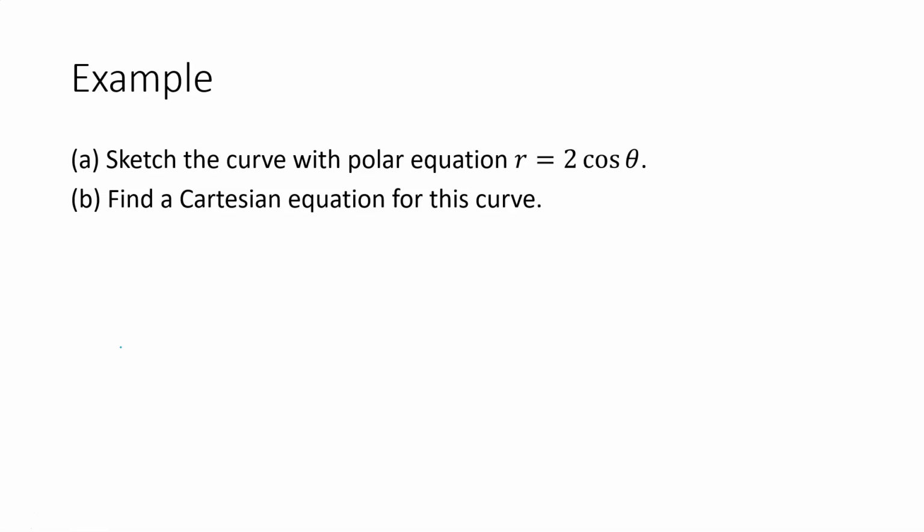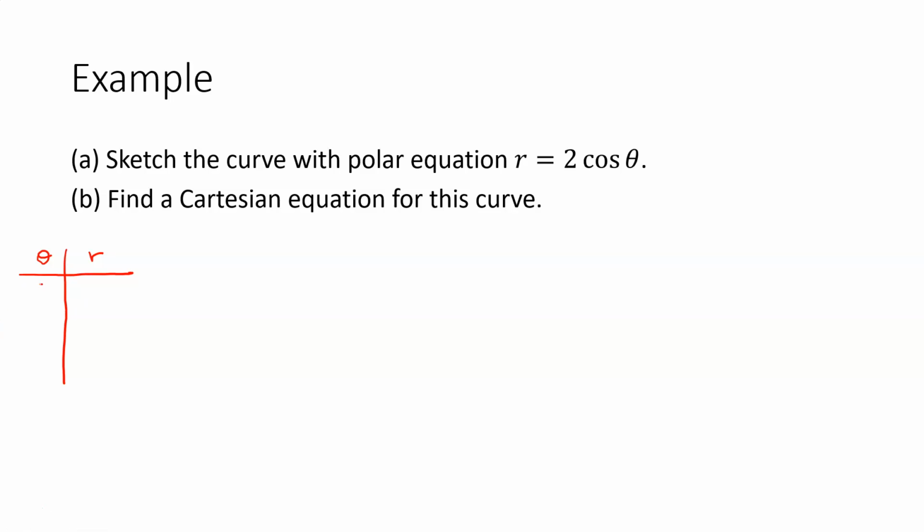Notice that we could think of this like theta is the independent variable and r is the dependent variable. So one way to construct the curve here is to plug in different values of theta and collect the values of r that correspond to that value of theta.